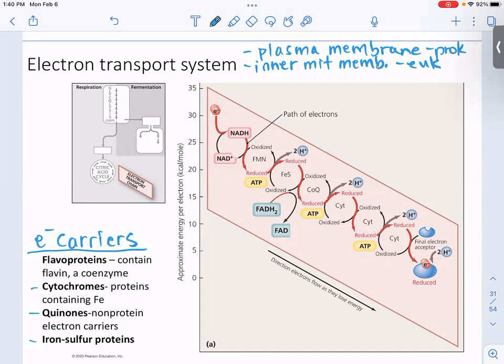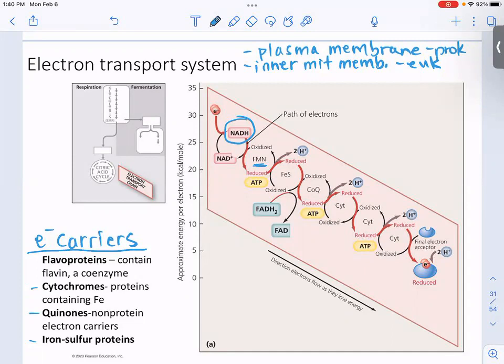To begin with, here's our NADH. Remember, it's carrying a proton and 2 electrons, called a hydride ion. It's going to drop off that proton and 2 electrons at this first carrier, which happens to be flavomonoprotein, FMN. I forget what that stands for. Flavin mononucleotide, I believe.